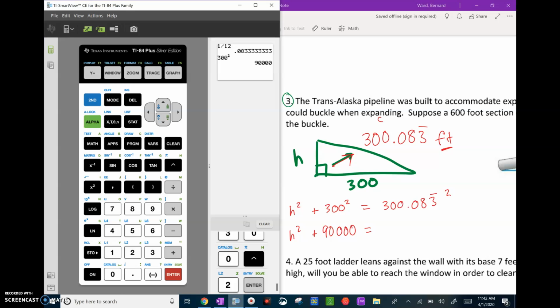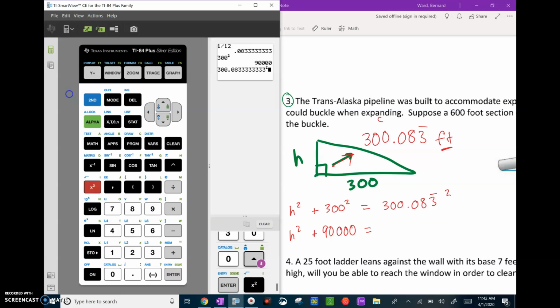Let's talk about that one. I'm going to type 300, and then go up on my calculator 3 times till I'm highlighting the 0.083 repeating part. When I hit enter, it tacks it onto the end of my 300. Now it's displaying 300.083 repeating feet, and that's perfect because that's what I want.